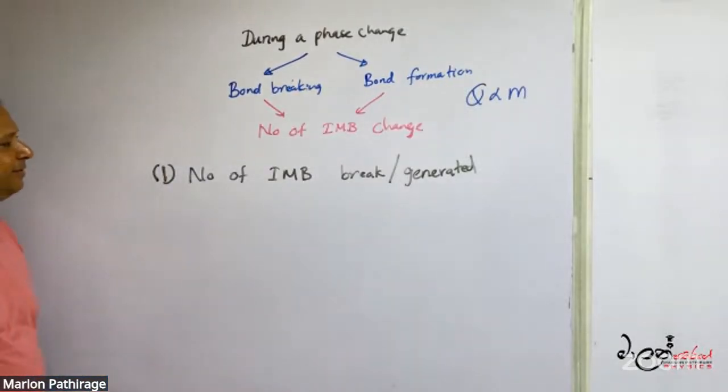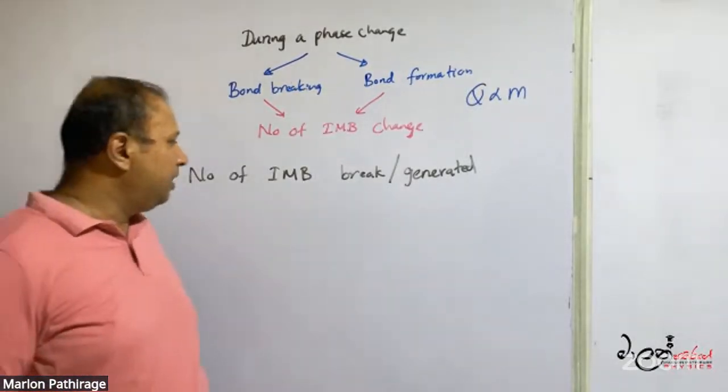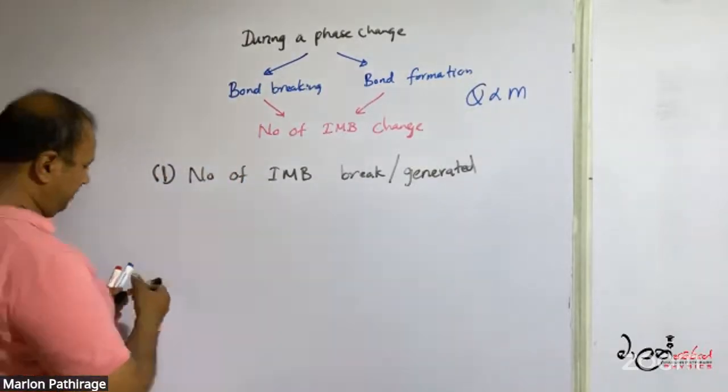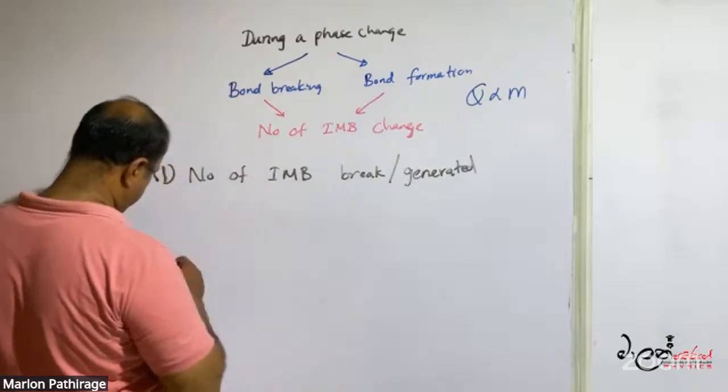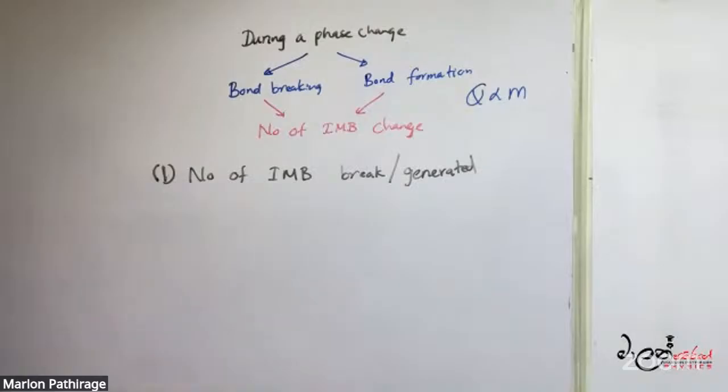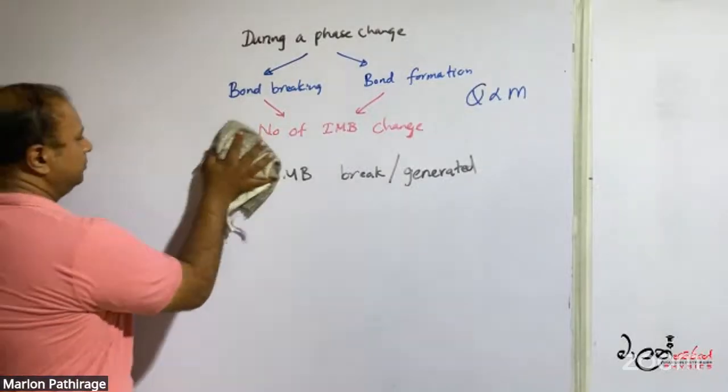Write the first one: number of intermolecular bonds broken or generated.